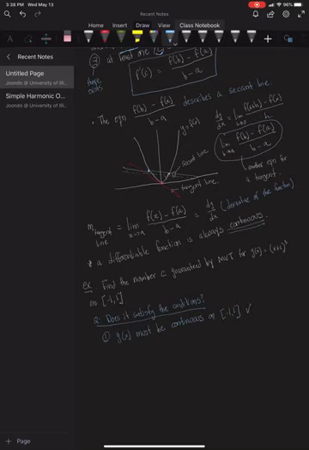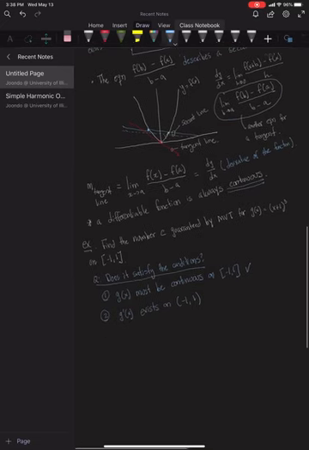The second condition it has to satisfy is that g prime of x exists on the open interval -1 to 1. Okay?